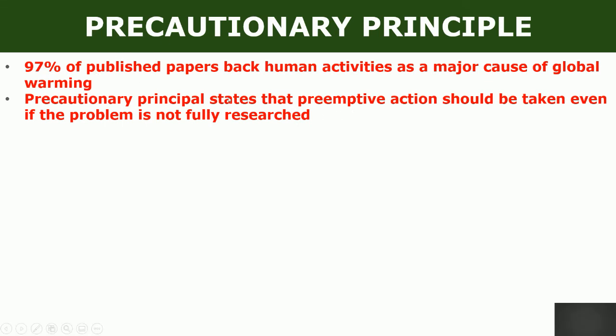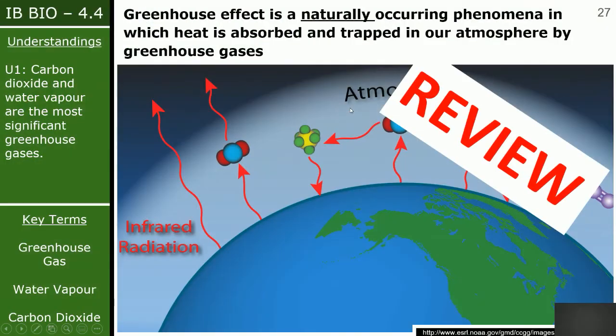But the precautionary principle says that we should take preemptive action even if the problem is not fully researched. So even if it isn't completely human driven, which again, just to reiterate, I really, really think it is, we take preemptive action to do our part anyway.